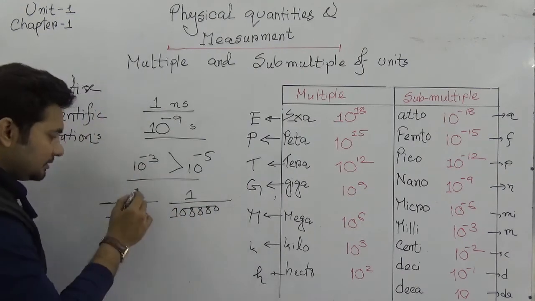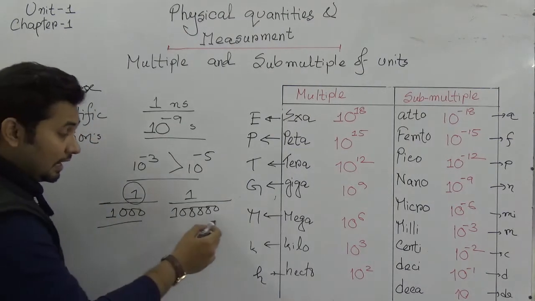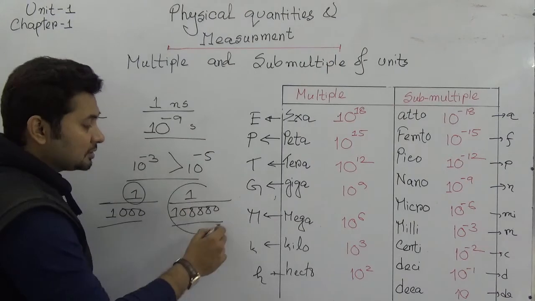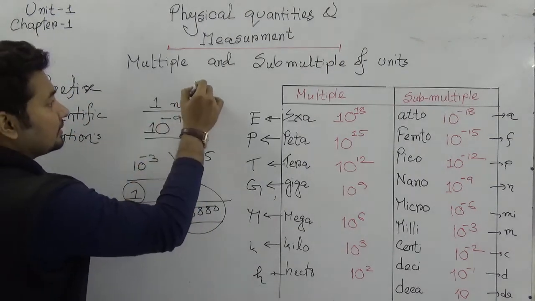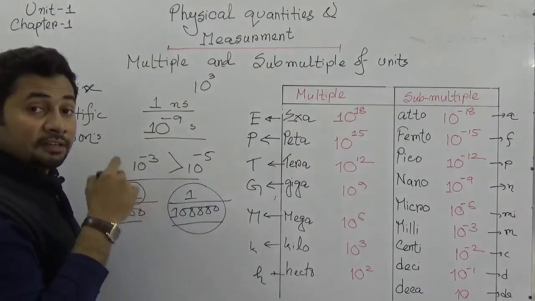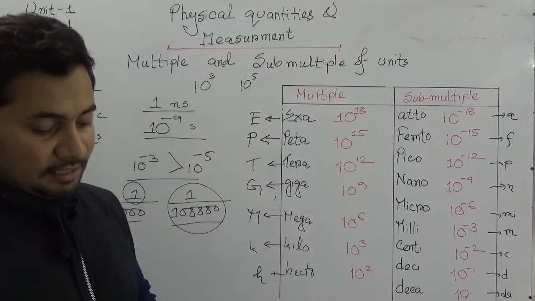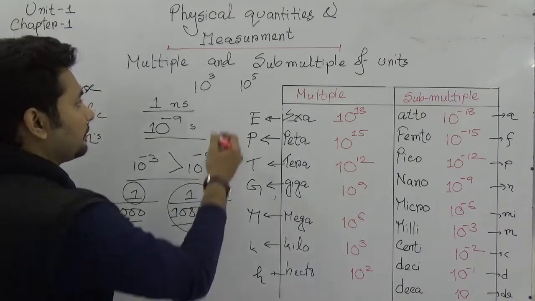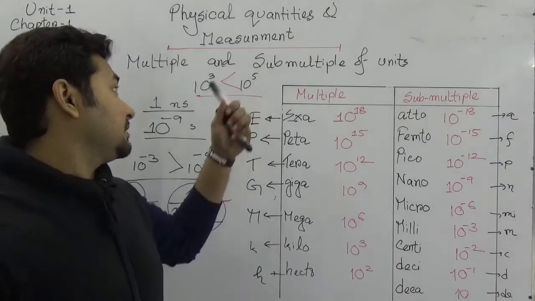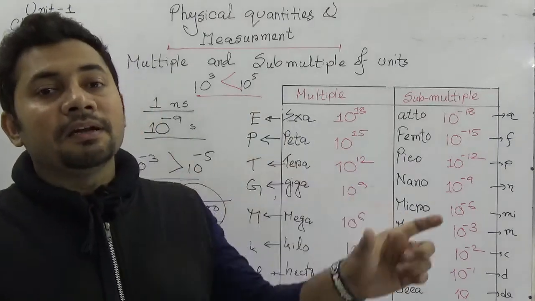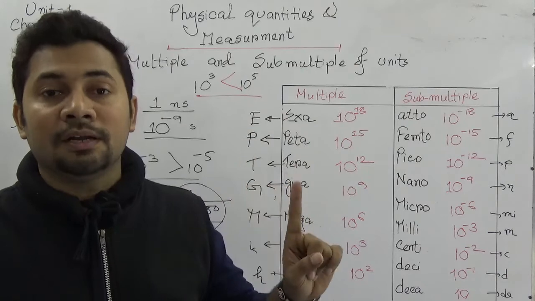If you divide the single number 1 into thousands or even hundred thousands, this would be the smaller one. In case of positive notations, like 10 to the power 3 or 10 to the power 5, definitely 10 to the power 5 is the bigger one, because it expresses the positive notation. It means 5 zeros after 1.